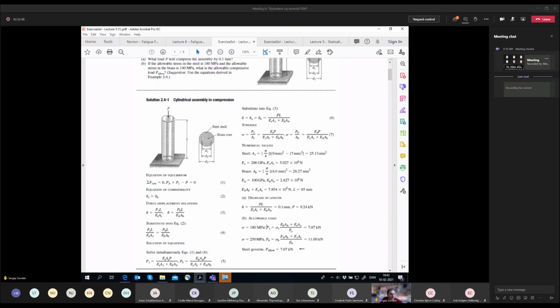To have the allowable stress in the steel component, the force must be 7.07, and to provide the allowable stress in the brass component, it must be larger. So we take as the allowable force the smaller of these two. Because if our total force is 7.07, then we hit the limit in the steel, but we're still quite safe in the brass.